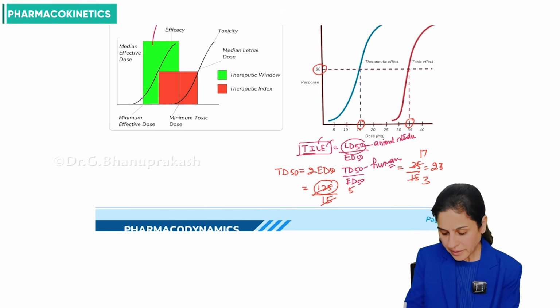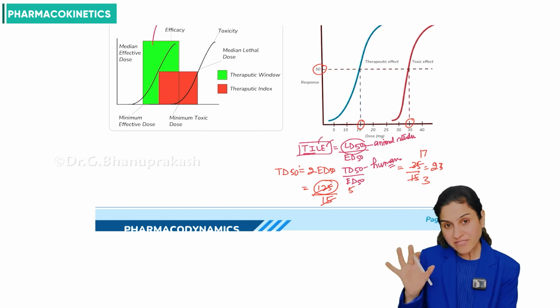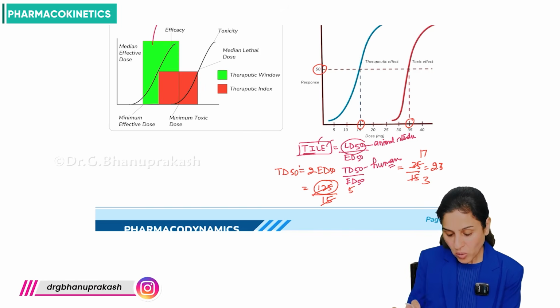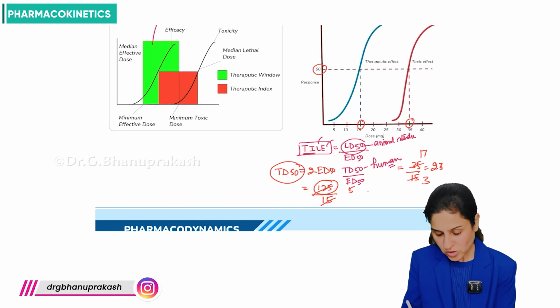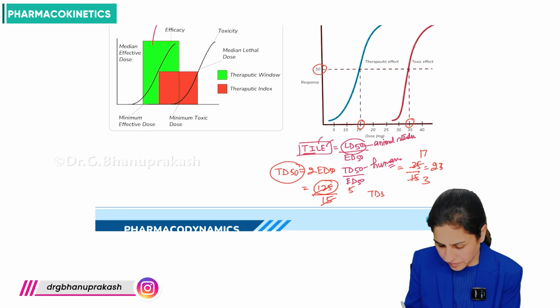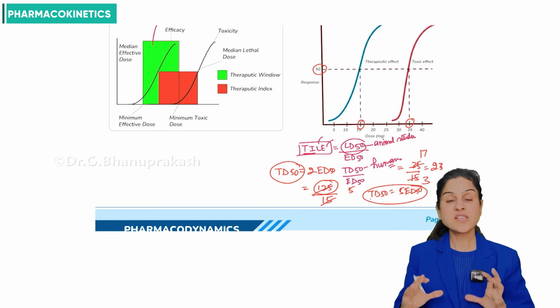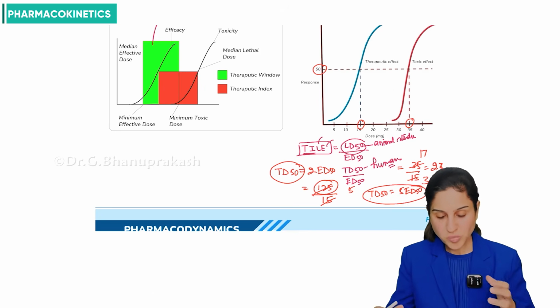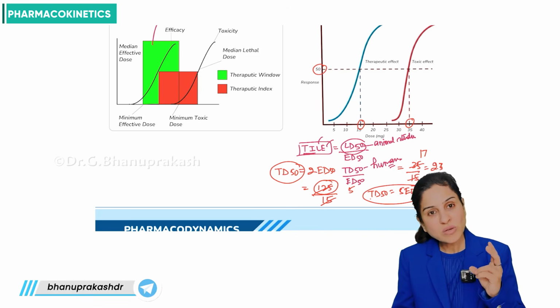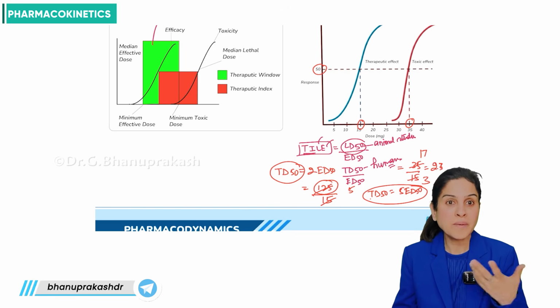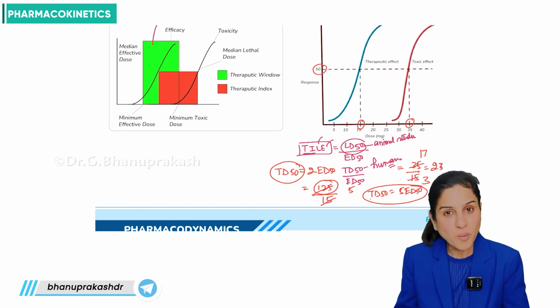So what will be happening here? So it is 5 times. 5 times the effective dose is required, and then it will be a toxic effect. So can we say the drug which requires 5 times its effective dose to produce the toxic effect is much safer than the drug which requires only twice its effective dose to be toxic to the population?